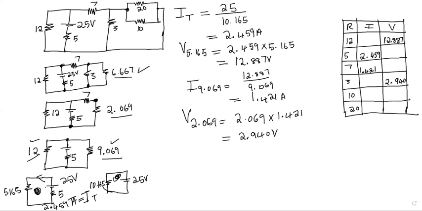The voltage across 6.667 is 2.940. We already have the voltage, so we don't need to recalculate. So the voltage across 20, 10, and 3 will be the same because they are connected in parallel. So that will be 2.940. So the table is like this.